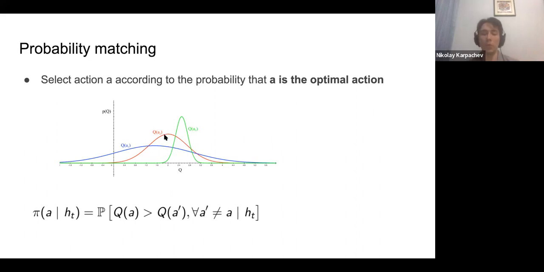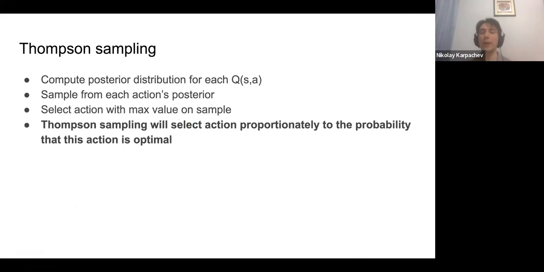Well, most of the times it will be lower than the green sample, but sometimes it will be higher, because this line is still unexplored. And then we sample from the blue action. And we simply compare those three samples, and we select the action with the maximum value on the sample.